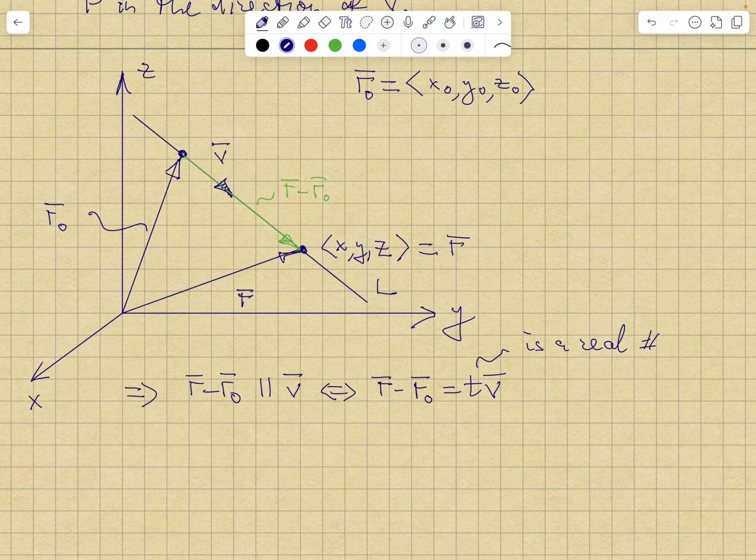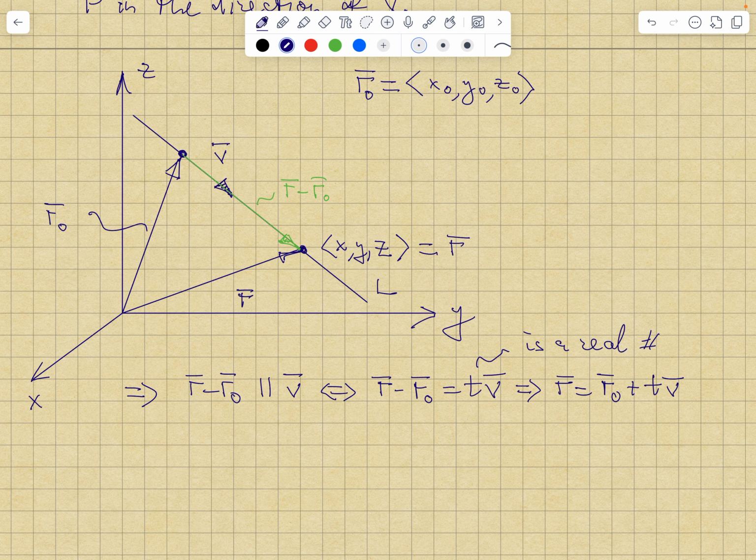And I hope that this makes sense, because I can also rewrite this in the following way: r equal to r0 plus t times v. This equation should be fairly easy to recognize.